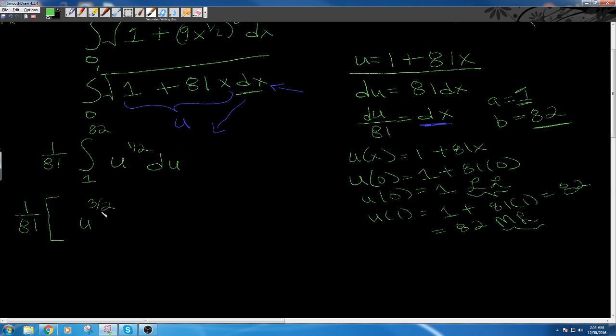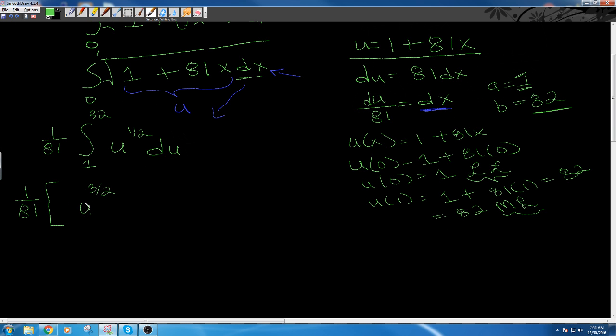And then we're going to flip, taking the reciprocal of this new number, and that is going to go here in the coefficient. Then we need to remember that we have our new limits: the lower limit being 1, the maximum limit being 82.